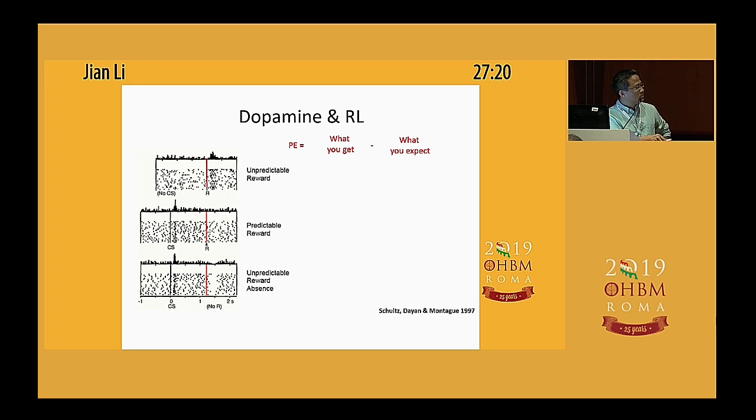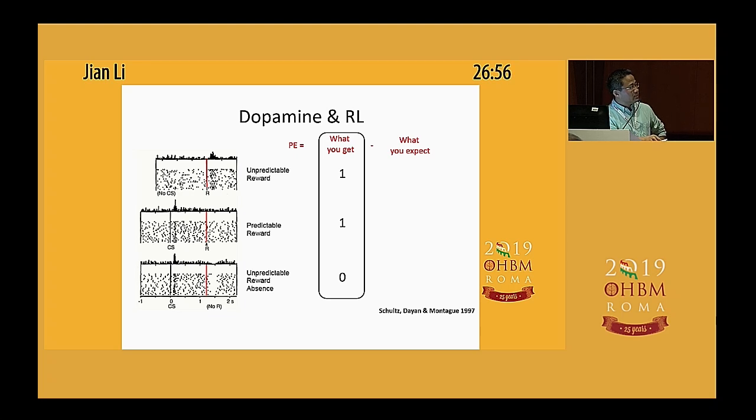Later on, the funny thing is that when the CS was up, but by the time the reward was supposed to be given, no reward was delivered, you see a decrease of dopaminergic activity. For quite a while, this has been a puzzle in both the learning literature and the neurophysiological field.